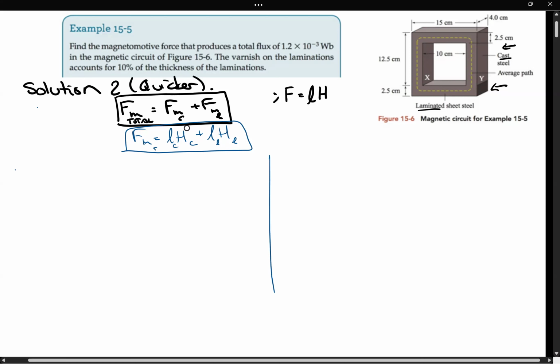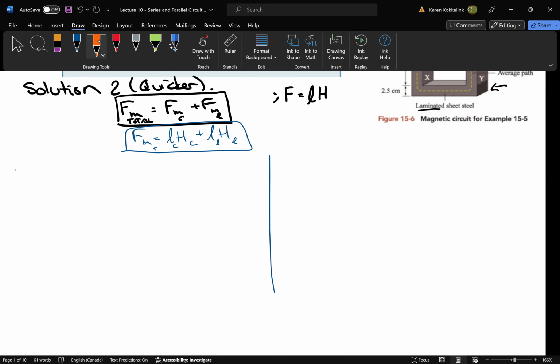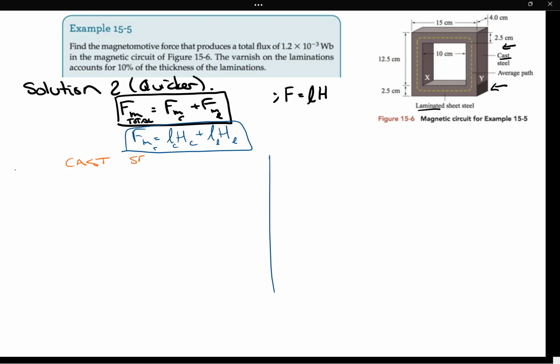Okay, so let's go and divide this up then. This is the cast section. And then we have the laminated section. First of all, to find mean path length.